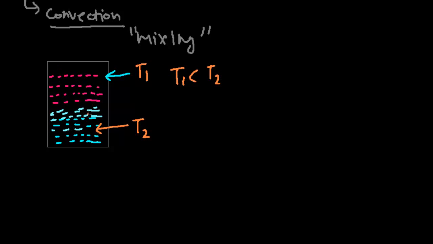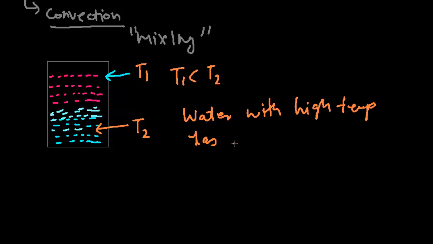Now what will happen is that the water with a higher temperature has lower density. The density of cold water will be more, and as a result the gravitational force acting on this water will be more, and there will be a kind of circulation formed within it.